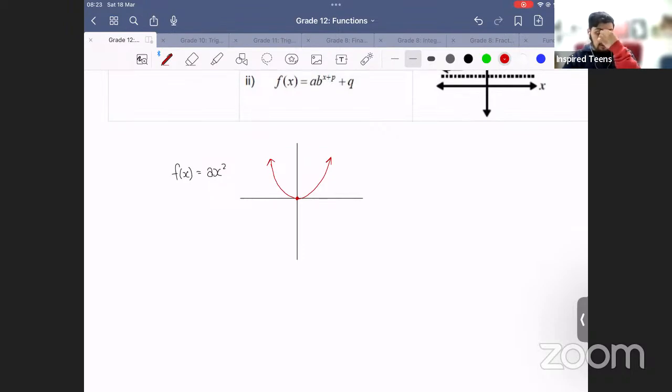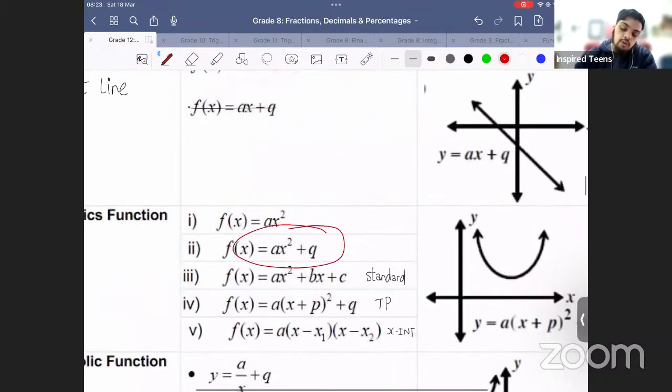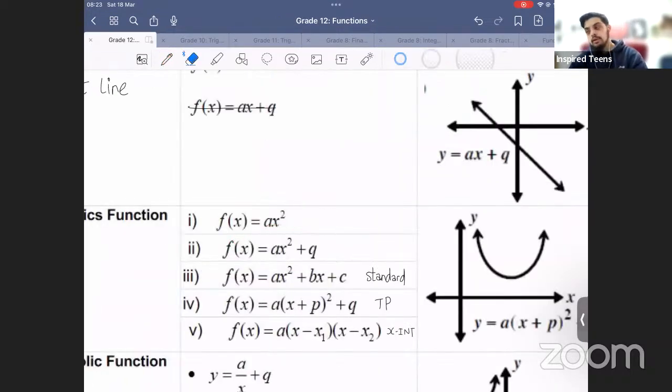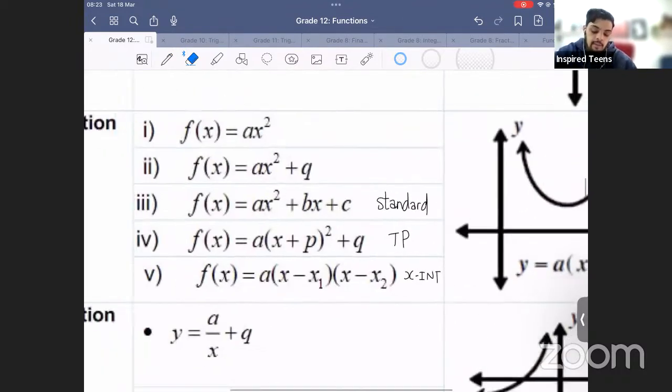That's what y is equal to ax squared looks like. If we have y is equal to ax squared plus q, where q is just added to the y value, q is basically a vertical shift, shifting up or down. If it's ax squared, it just starts at the origin. Then there's our normal standard, TP, x-intercept.